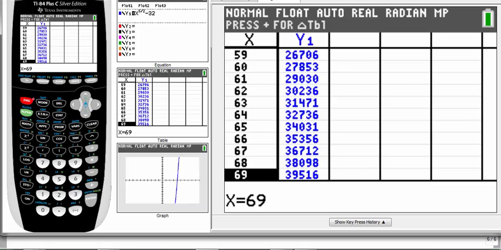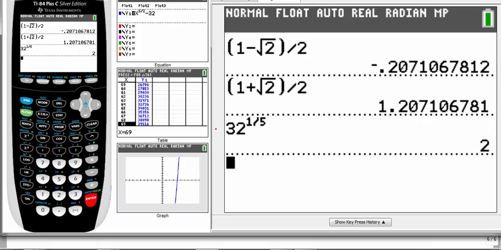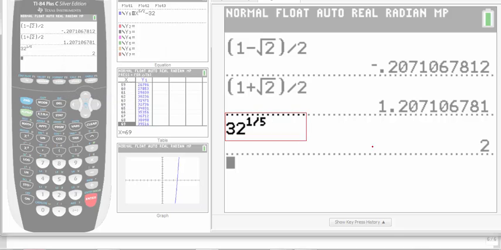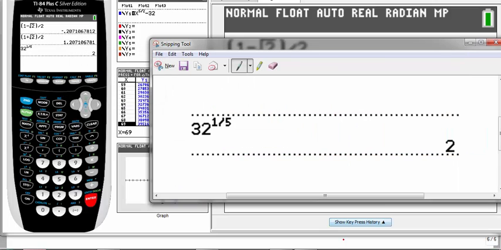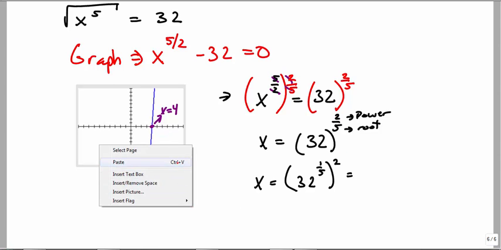So we can go second quit here to get back to our home screen and go 32 exponent to the 1/5. And I can see that I get a 2 here for my answer. And you could actually take 32 to the power that we're working on over here. You could just take 32 to the 2/5 right now too and get your answer on your calculator.